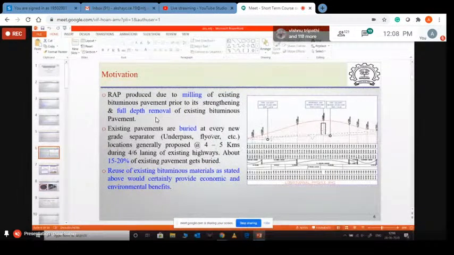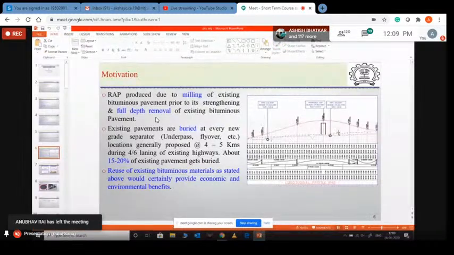And in the new PPP manual, for 4-lane and 6-lane, the requirement is generally every 4 to 5 kilometers we need to provide cross connecting facilities in terms of underpasses or flyovers. So generally it is found that about 15 to 20% of the existing materials are buried.